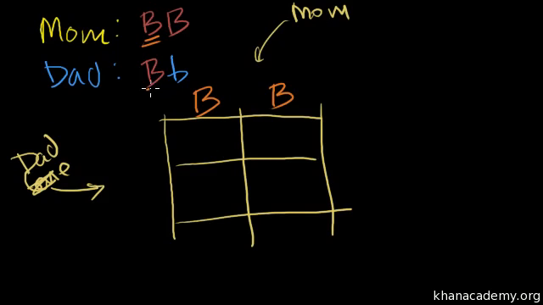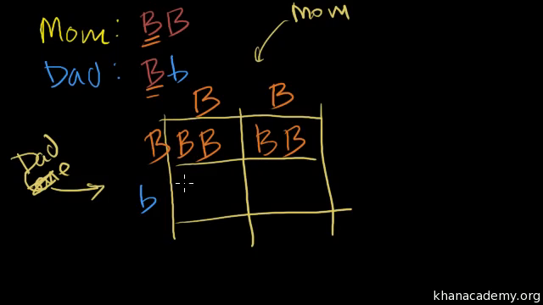The dad could contribute this one, the capital B allele for brown eyes, or the lowercase b for blue eyes, either one. So the different combinations that might happen: an offspring could get both of these brown alleles, one copy from both parents. This could also happen where you get this brown allele from the dad and then the other brown allele from the mom.